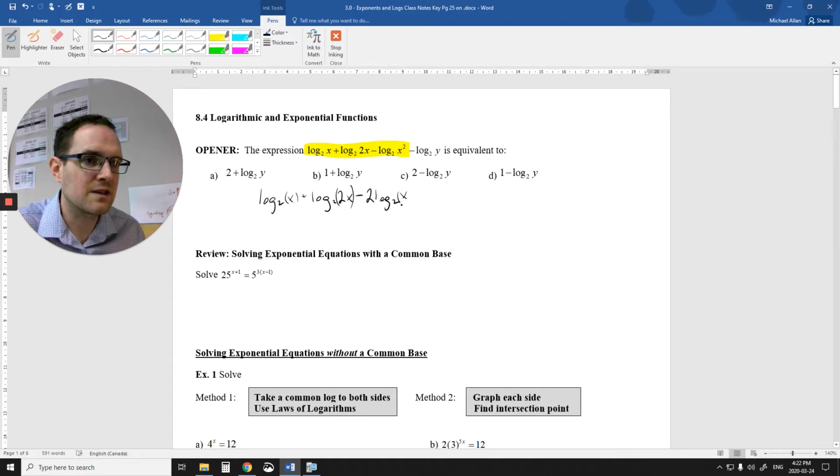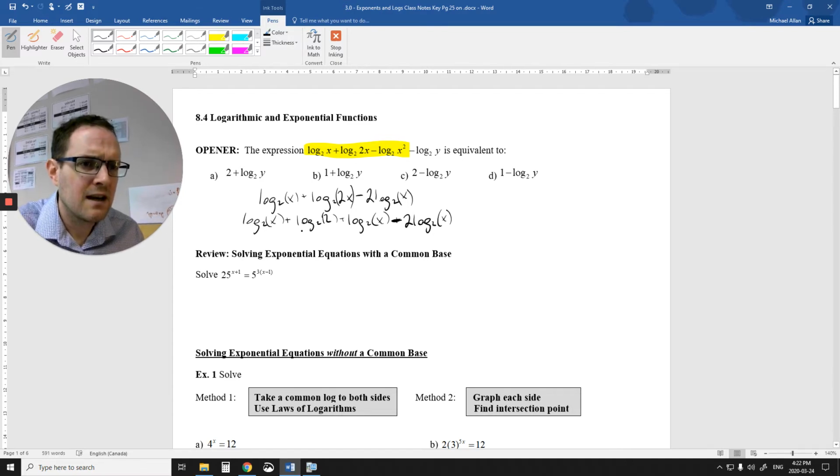Let's put some parentheses around these so I could separate those. So I separate those two things into log base 2 of x plus log base 2 of 2 plus log base 2 of x again. So that's being separated into those two terms there. That's a 2 there, sorry. And then I'm going to minus log base 2 of x.